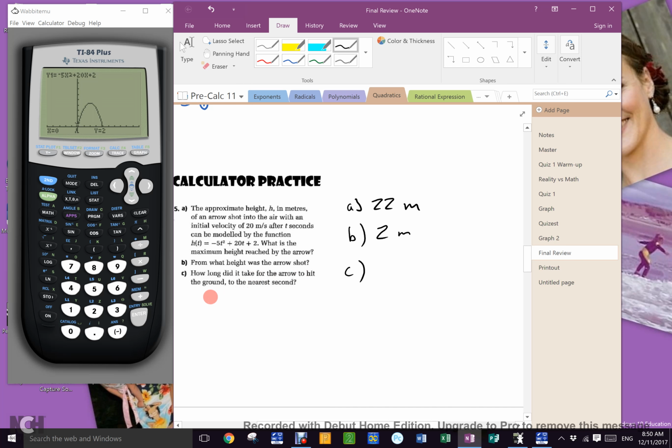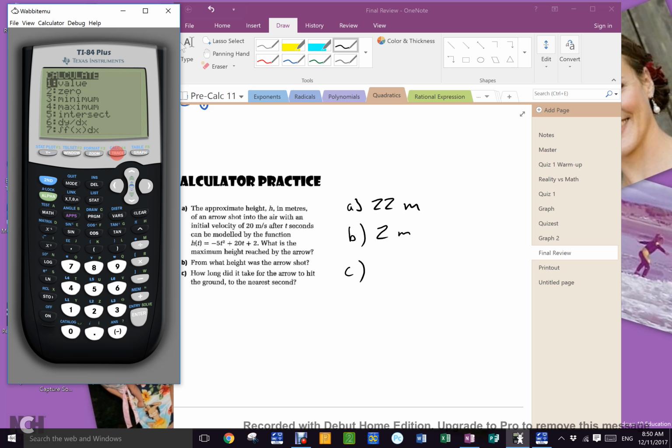And C, how long did it take to hit the ground? Where is it when it hits the ground? It's out here, right? So what is that? Second calc. Which one of those? It's the 0, isn't it?